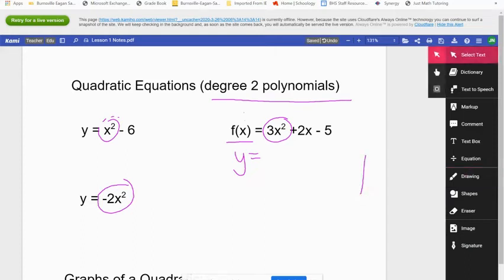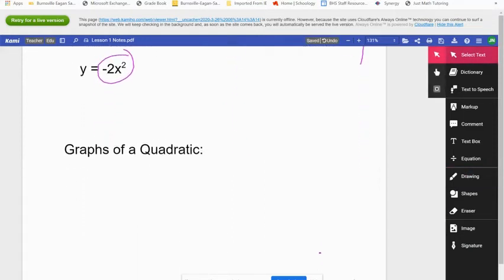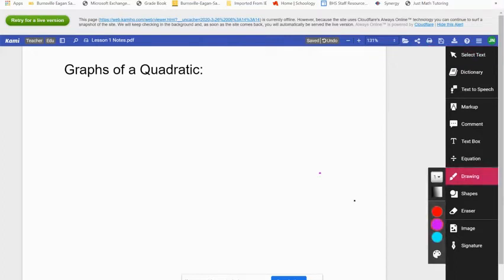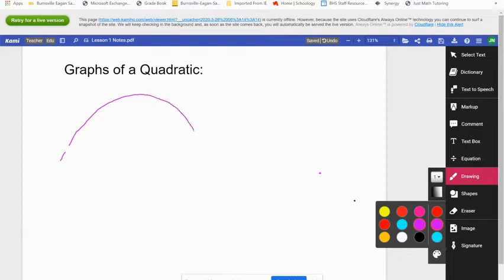Now, yesterday, when you did the Desmos activity, you actually saw some graphs of quadratics. When those people were shooting the basketball, the path that the ball took almost looked like a U shape. And quadratics always have that shape. Sometimes it opens up, sometimes it opens down, where the arrows are pointing down.